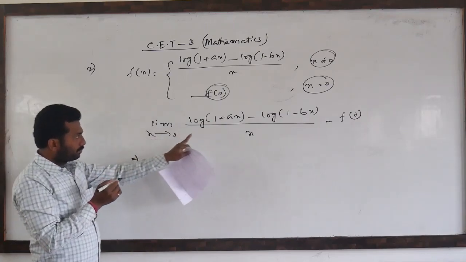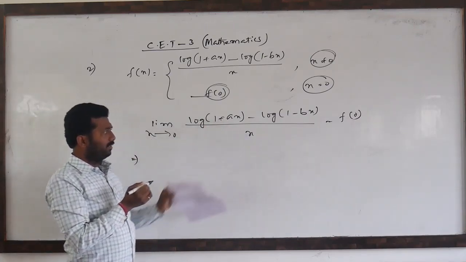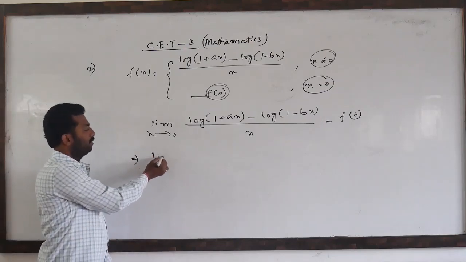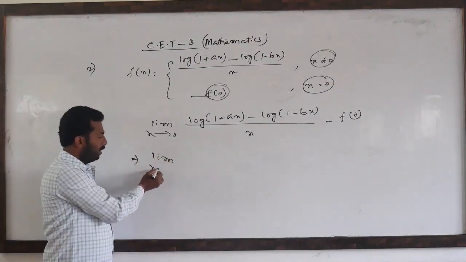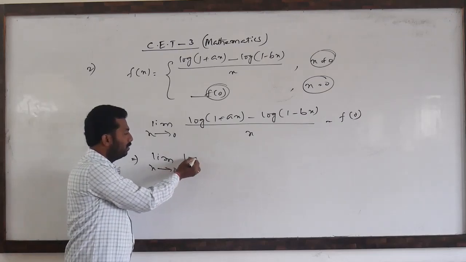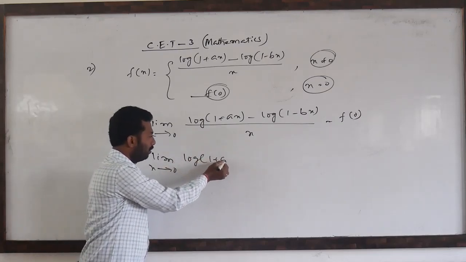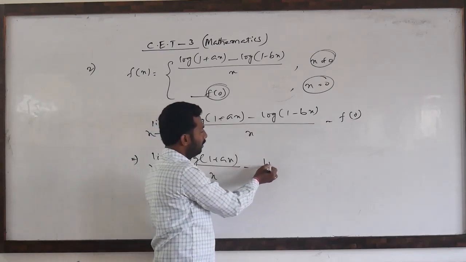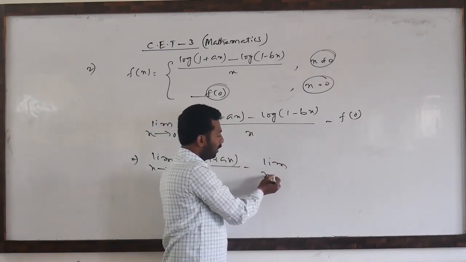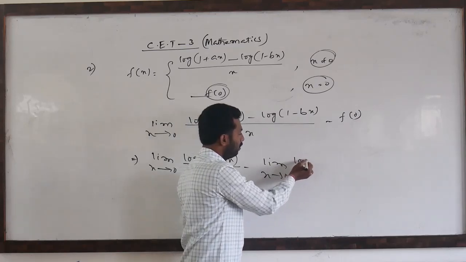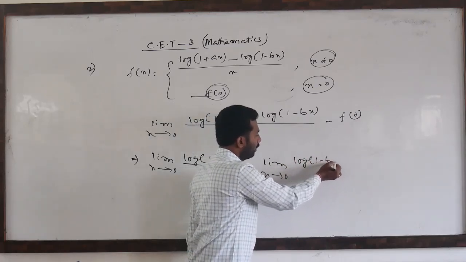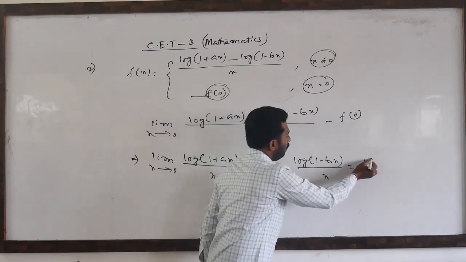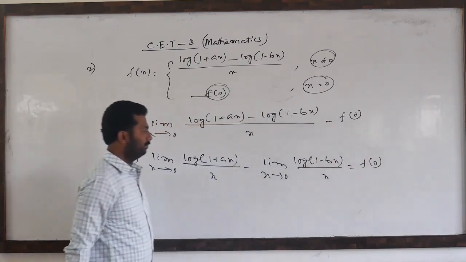You observe, we are splitting this fraction, and at the same time we are applying the limit also. So this is limit x tends to 0 of log of 1 plus ax divided by x minus limit x tends to 0 of log of 1 minus bx divided by x equals f of 0.